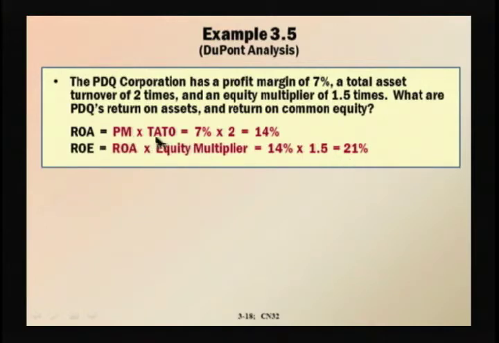So since the return on assets is profit margin times total asset turnover of 14%, and that then gets multiplied by the equity multiplier of 1.5, the ROE of 21% is the product of profit margin, total asset turnover, and the equity multiplier, all 3. So you can do the 3-term DuPont, or you can just do ROA times the firm's equity multiplier to get the ROE.